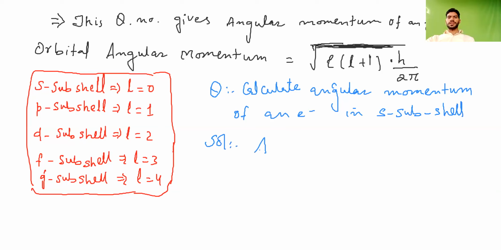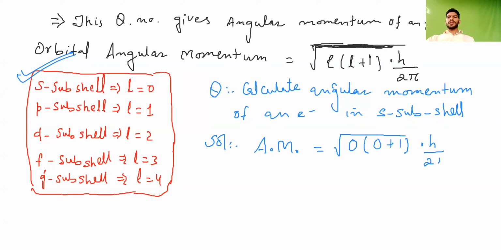So angular momentum, if I represent it by AM, will be equal to square root of L into L plus 1 into h upon 2 pi. For S subshell, what is the L value? I told you this table is very important. Yes, it is 0. So you will write here 0 into 0 plus 1 into h upon 2 pi.